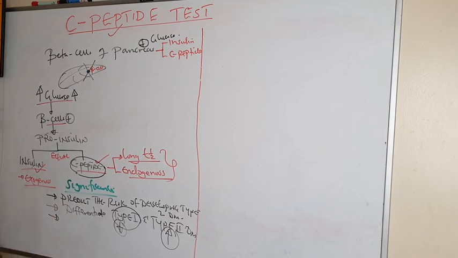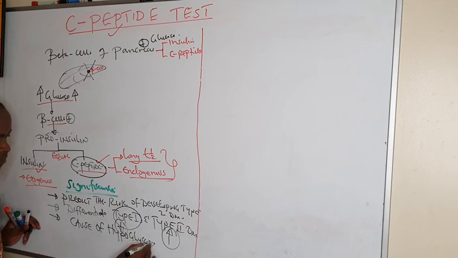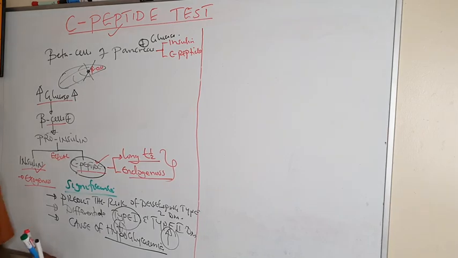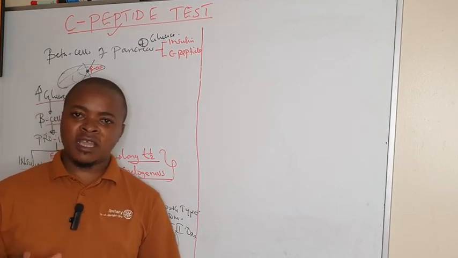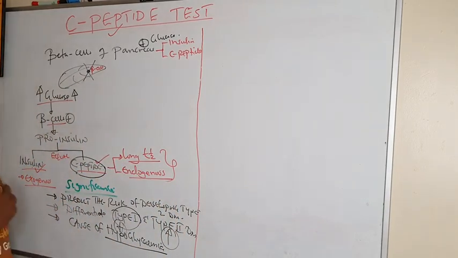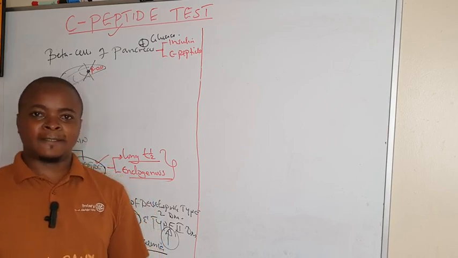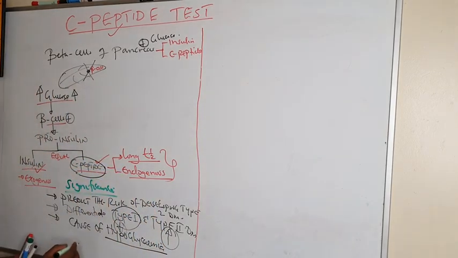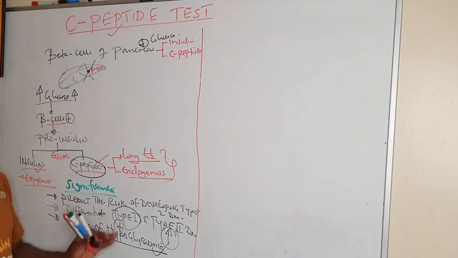Then another significance of this test, we can use it as a marker to know the cause of hypoglycemia. So if someone is having low blood sugar levels and we are not sure of the cause, maybe we are suspecting it might be due to increase in insulin in people who have a tumor of the pancreas called insulinoma, we can do C-peptide.